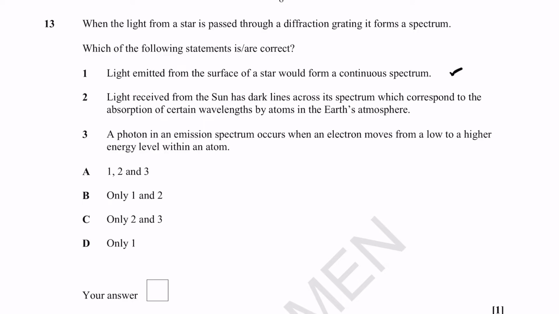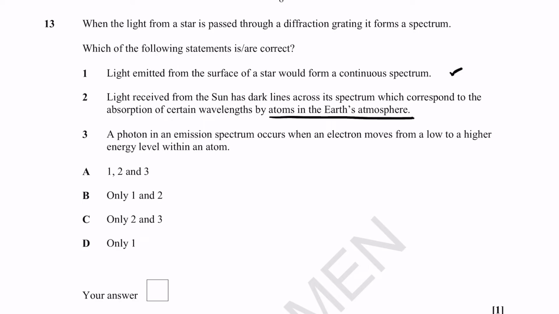Well, the statement is correct up until the point here, by the atoms in the atmosphere of the Earth. It doesn't happen in Earth's atmosphere, it happens as the light passes through the sun's atmosphere, where the gases are a little bit cooler and there's some absorption going on of certain wavelengths by the gaseous atoms.